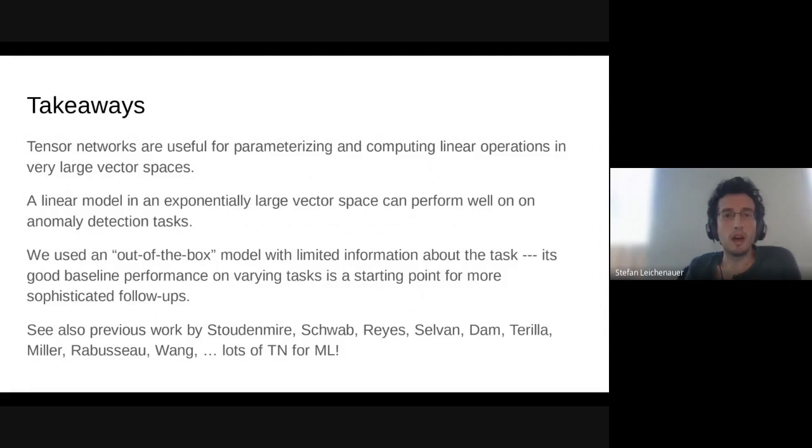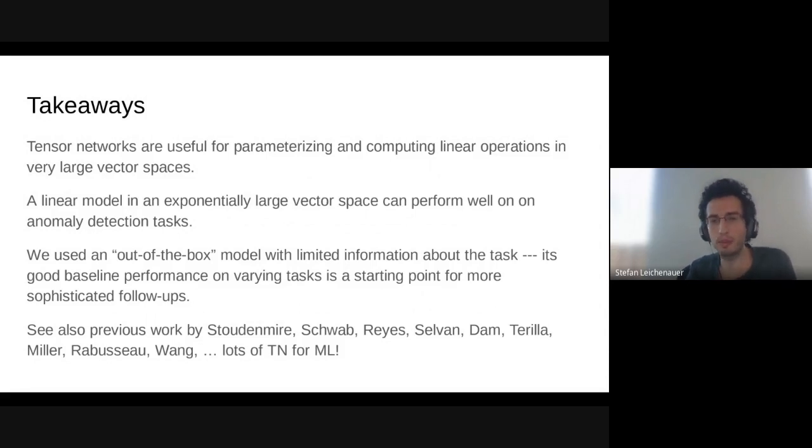The other thing is, we did this on an anomaly detection task. I'll describe anomaly detection in a moment. And we found that it performed pretty well. What we looked at in particular was out-of-the-box performance. What does that mean? It means we looked at a number of different data sets, images, tabular data sets of different types, and we used essentially the same kind of model.